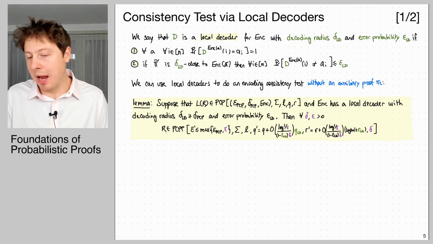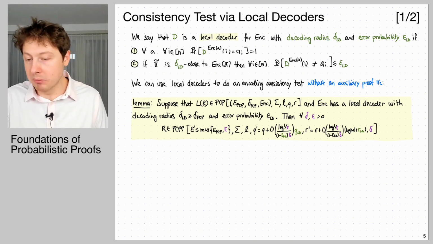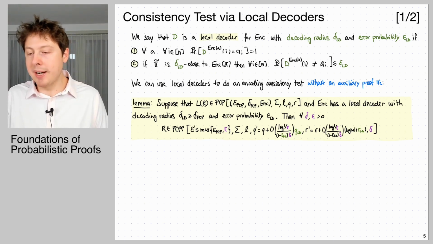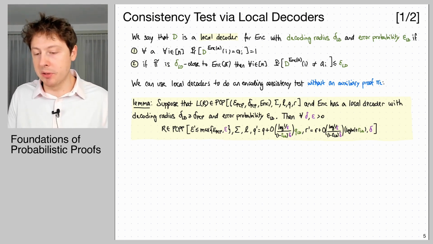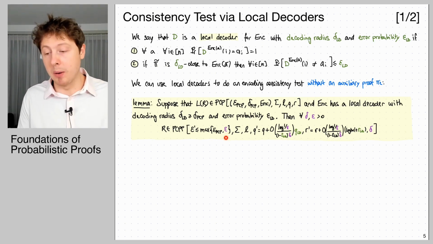With some error, I'm going to have to pay for the soundness error of the original PCP, so there you go. But whatever additional costs I have from the consistency check, I can drive them down to epsilon.